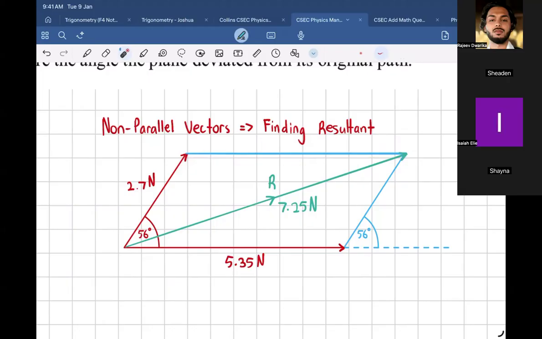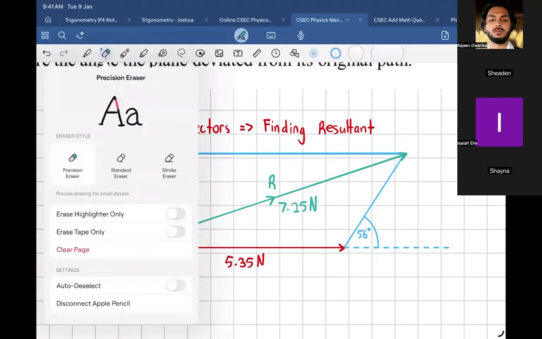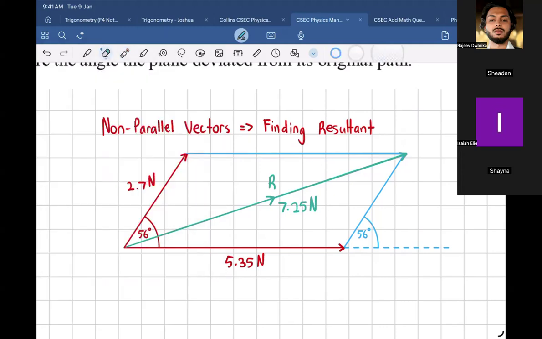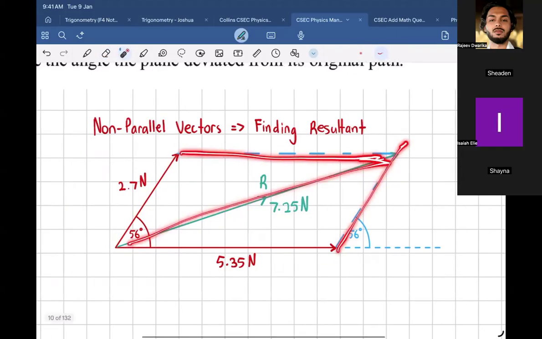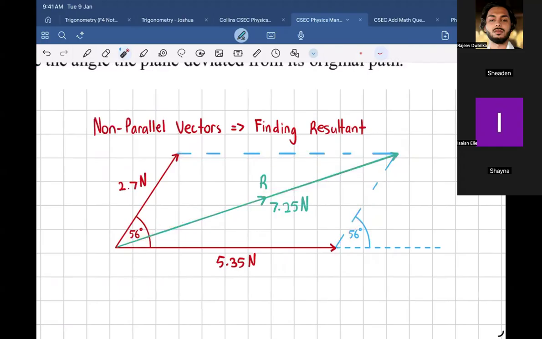So if you're adding something to the diagram, ideally it should be light, or you should do this to distinguish it from being part of the diagram. This is the actual diagram you had to draw, and this would just be your working to find the resultant.